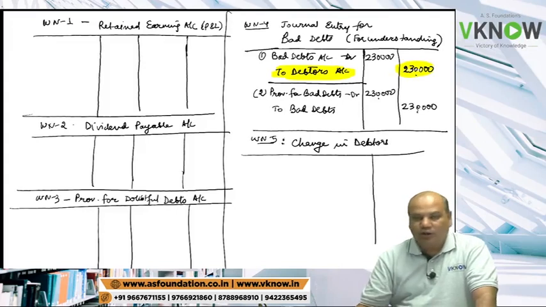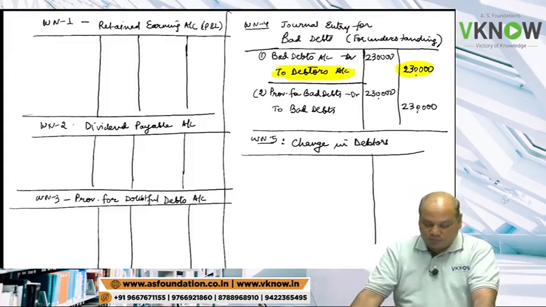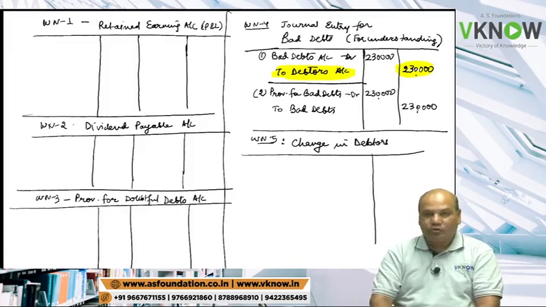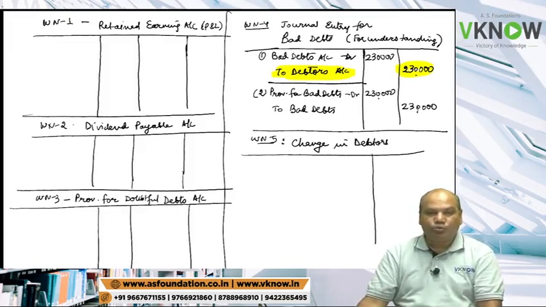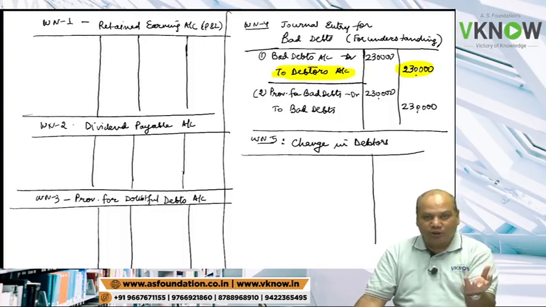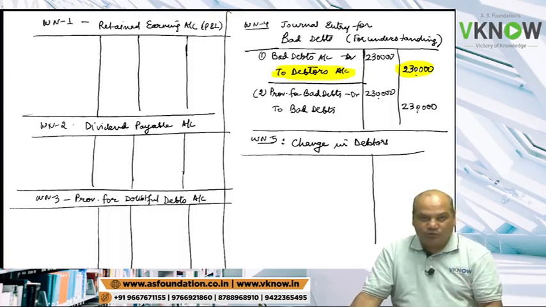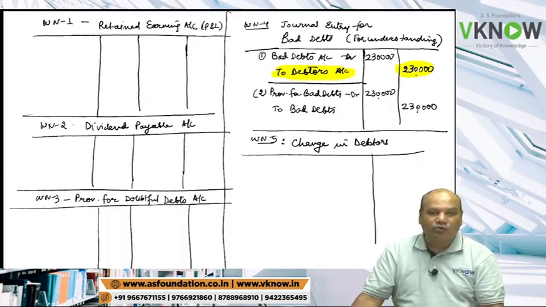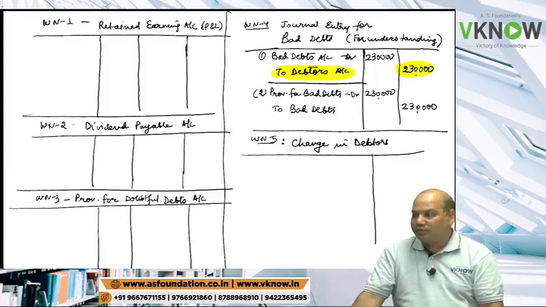I cannot directly take the difference. I will have to make some adjustment in the opening debtor figure, then calculate the change. Out of opening debtors, 2,30,000 was bad, so I have to make adjustment for that. Otherwise, your cash flow statement will not tally.